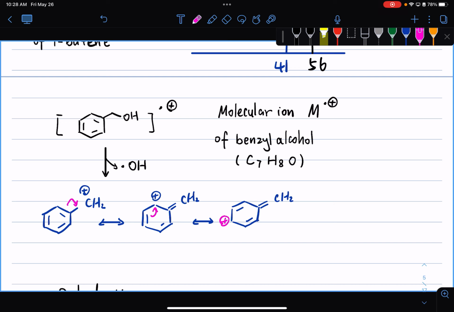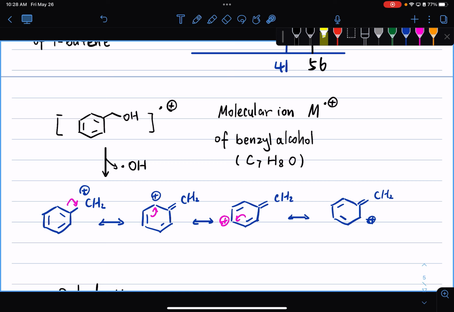All right, so just a quick practice in arrow pushing and drawing these resonance structures. What we can say is that the carbocation is delocalized over the entire benzene ring. And in this molecule, where do we expect that m/z to be?